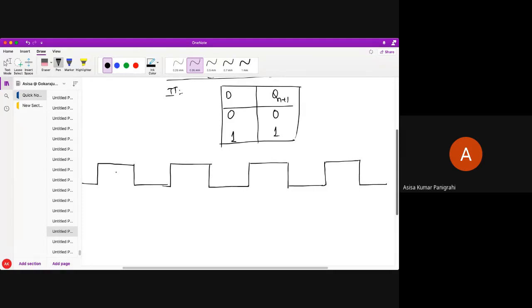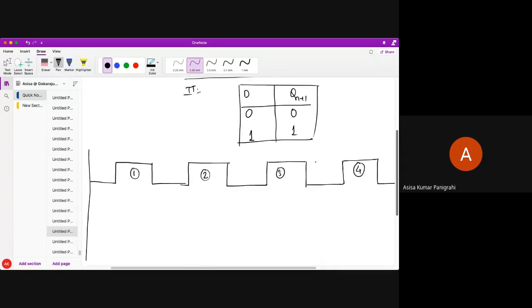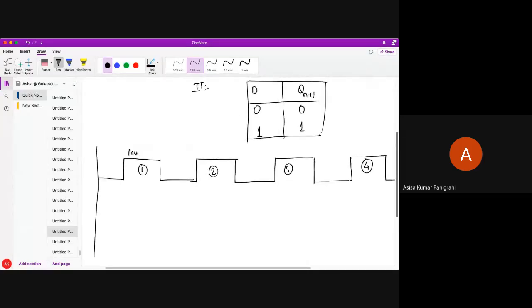This is my first, second, third, and fourth clock pulse. Here is my level 1, level 1, level 1, level 1. This is my positive edge, positive edge, positive edge, and positive edge. And this is my negative edge, negative edge, negative edge, negative edge.